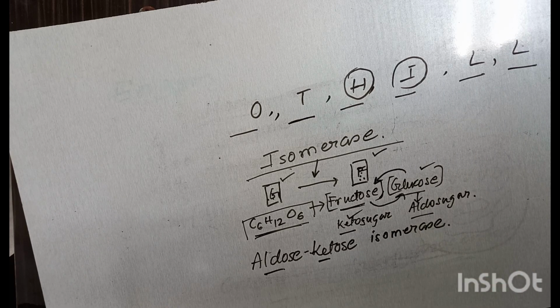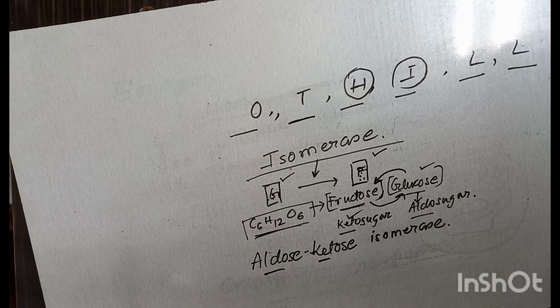Likewise, there can be cis-trans isomerases, which isomerize the bonds between cis and trans configurations. There can be epimerases, and racemases, which act on racemic mixtures, mixtures of different types of racemic molecules. So epimerases, cis-trans isomerases and aldose ketose isomerases are the different types of isomerases.